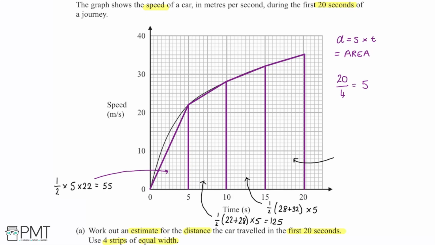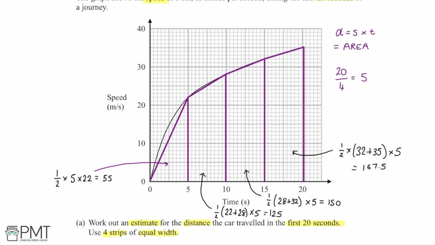And then finally here, half the sum of 32 plus 35, times the height between them, which is just 5 again. And just quickly putting the totals in here, that one would be 150, and then this one is going to be 167.5.